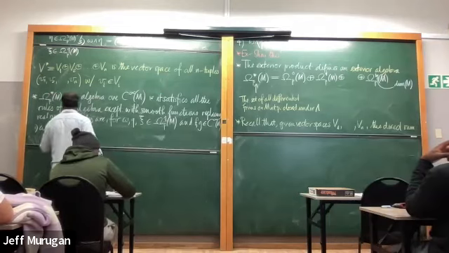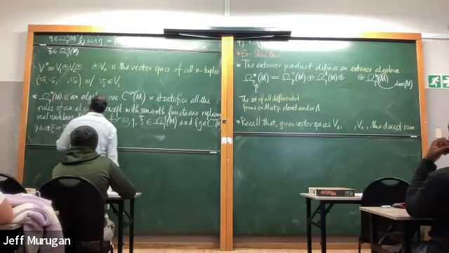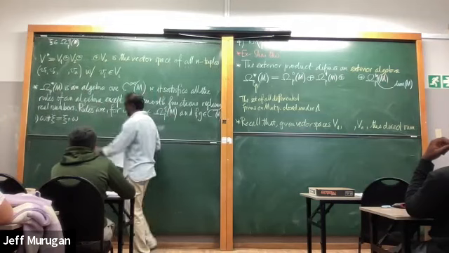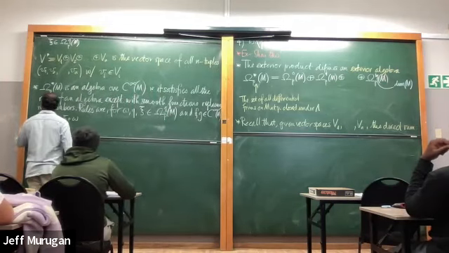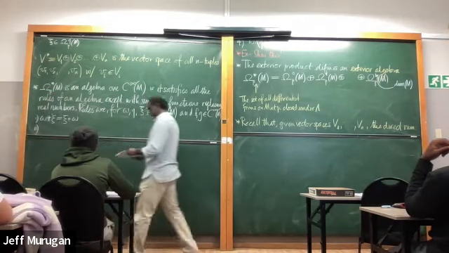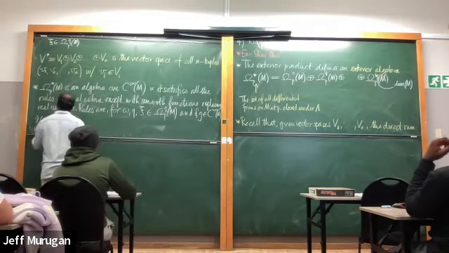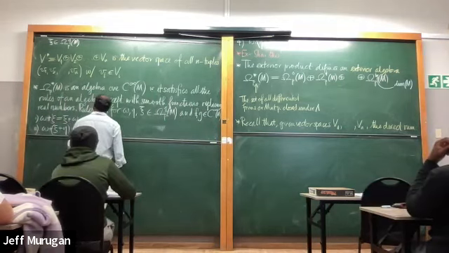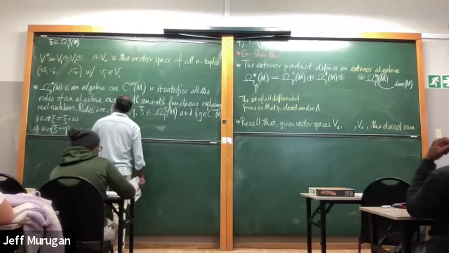Omega plus psi is psi plus omega, so it's a commutative algebra. Sorry, it's not. This is omega plus psi plus theta is omega plus psi plus theta.